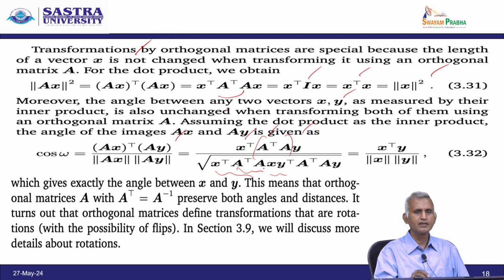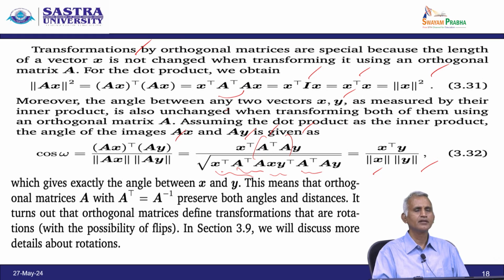A transpose A is I, and x transpose I x is x transpose x, so x transpose x is norm x. Similarly, A transpose A is I, and y transpose I y is y transpose y, therefore norm y will come. Which gives exactly the angle between x and y.